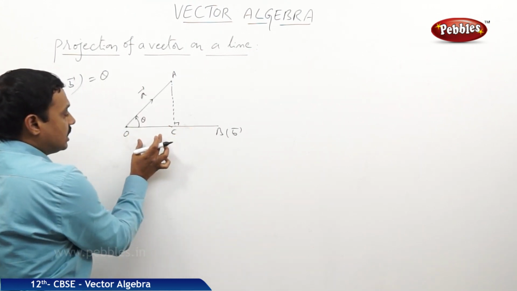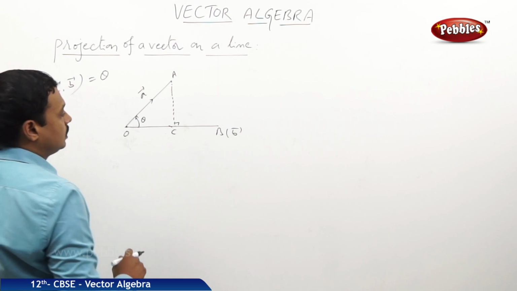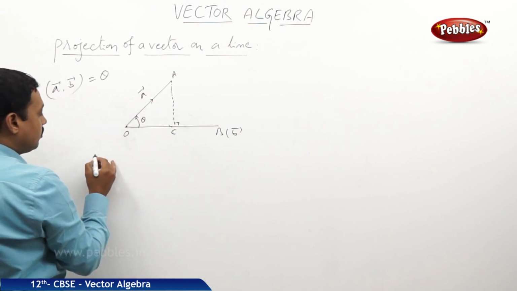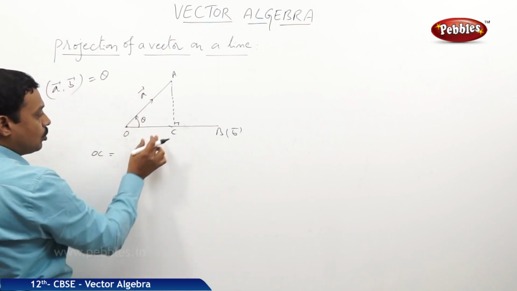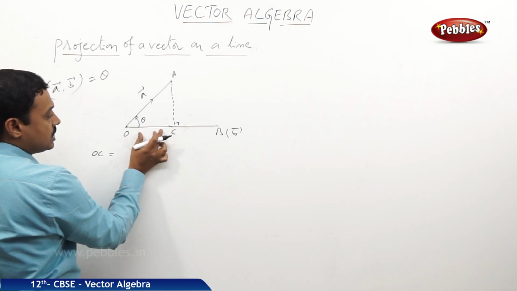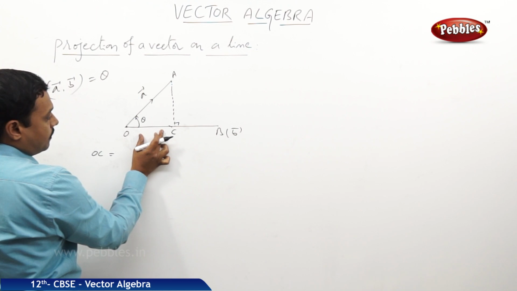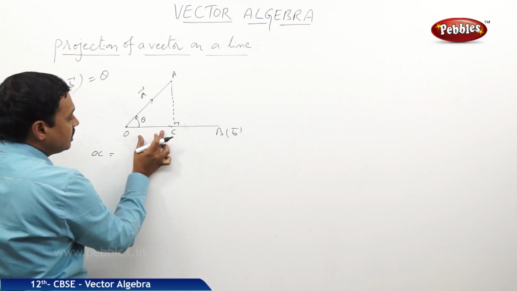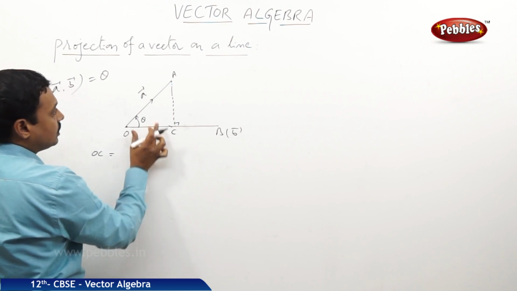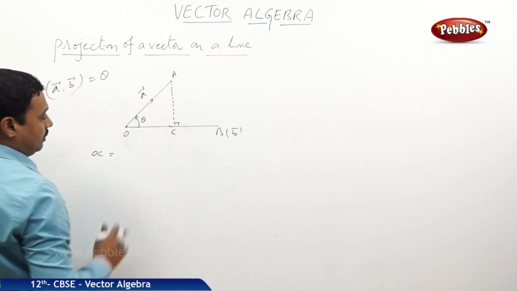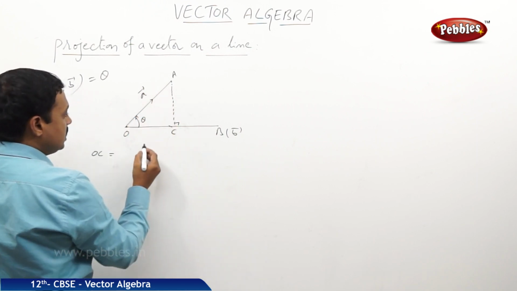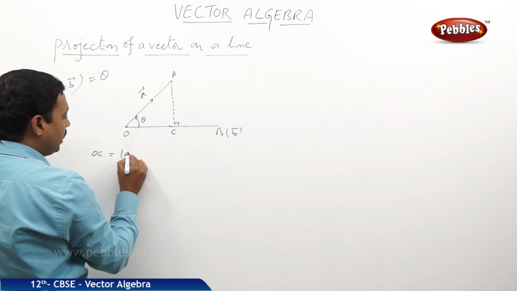Now let us define this vector. So by this diagram, OC is equal to the length of the projection of the vector OA on OB. That is, OC is equal to mod A into cos theta.